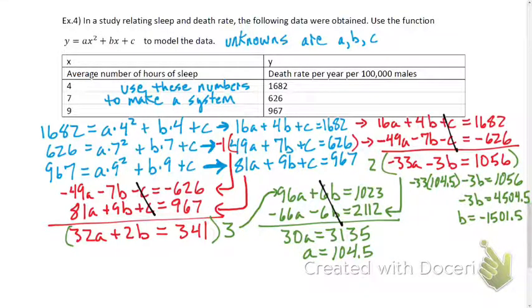Lastly, I need to get a. Sorry, I need to get c. I can plug those two values of a and b into any of the blue equations. Let's plug into the first. So 16 times 104.5 times negative 1501.5 plus c equals 1682.